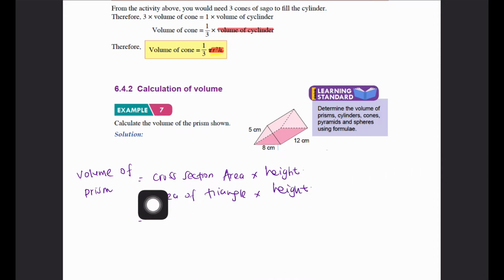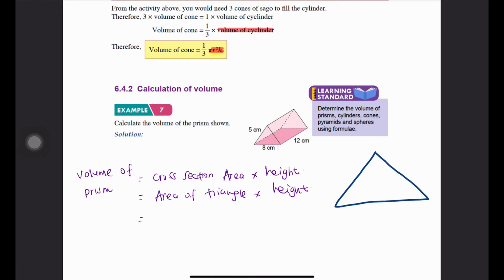Okay, area of triangle. Okay, I draw the triangle over here. Okay, this is our triangle. Okay, we know that the base is 8 cm and this part is 5 cm. Now we need to find the height of this triangle, which is this part.